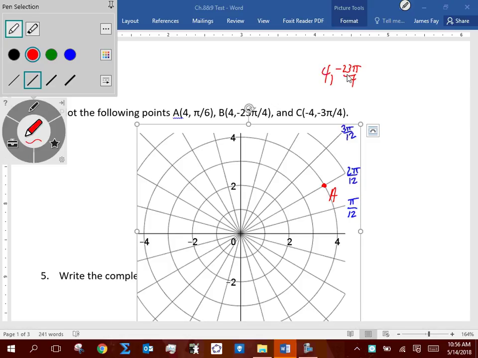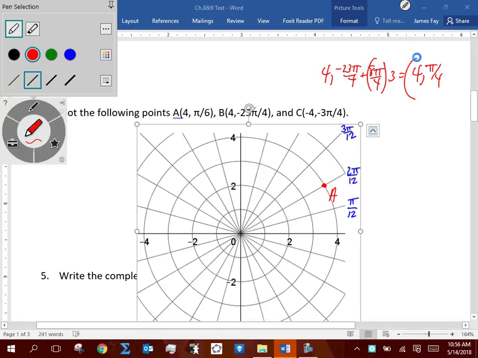I don't like negative 23π/4, so I'm going to start adding 8π/4 to that. And basically, if I do that 3 times, it will turn this point into (4, 24π/4 minus 23π/4), which becomes π/4. And that's the point that I'm going to graph. So (4, π/4) would be right there.